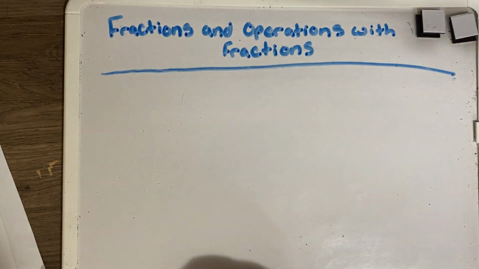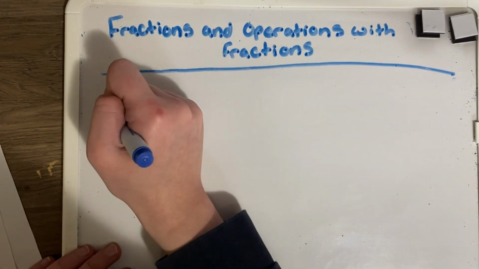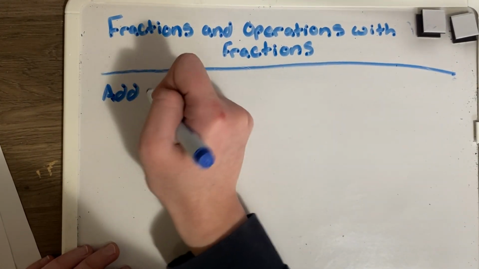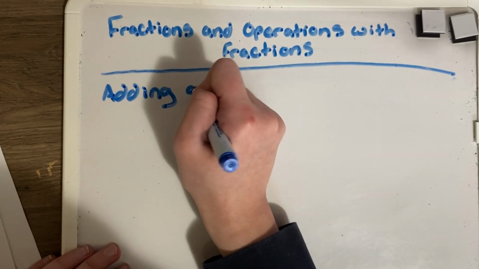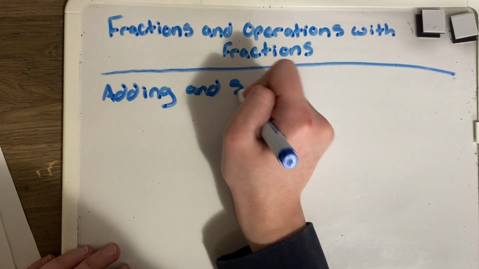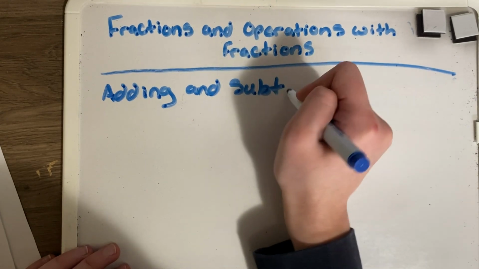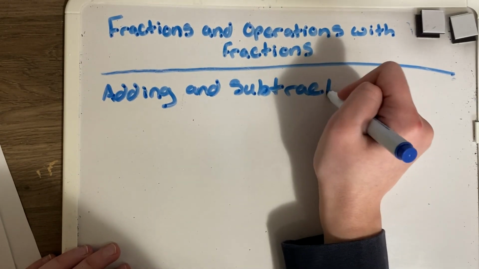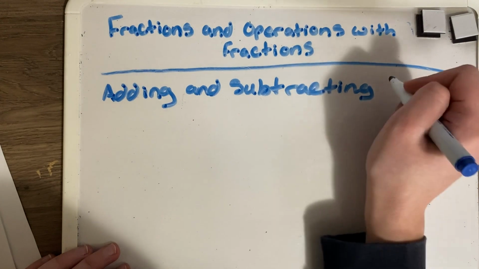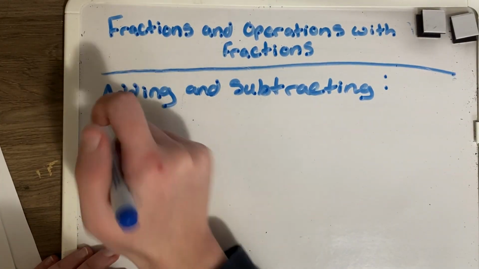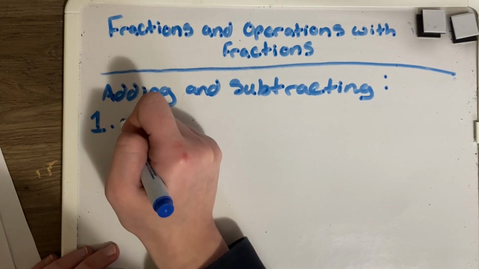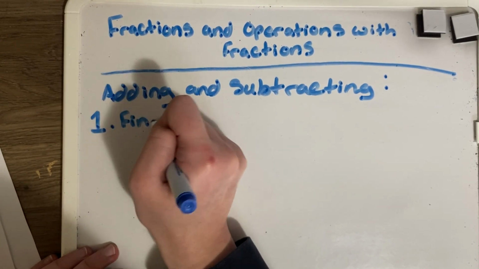Now the next thing we're going to be going over is adding and subtracting fractions, which I already kind of mentioned earlier. So the first step you want to do is you want to find the lowest common denominator.